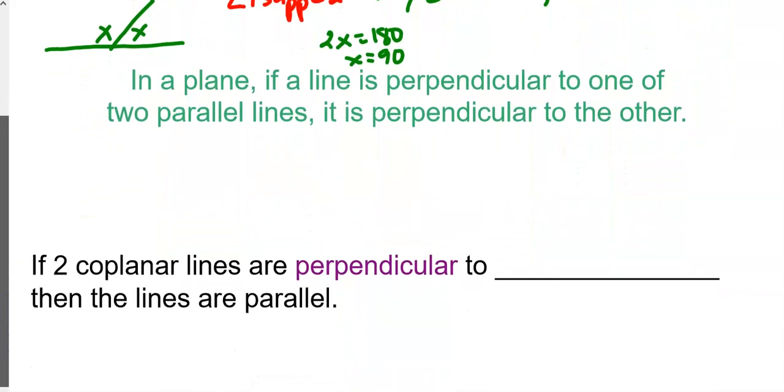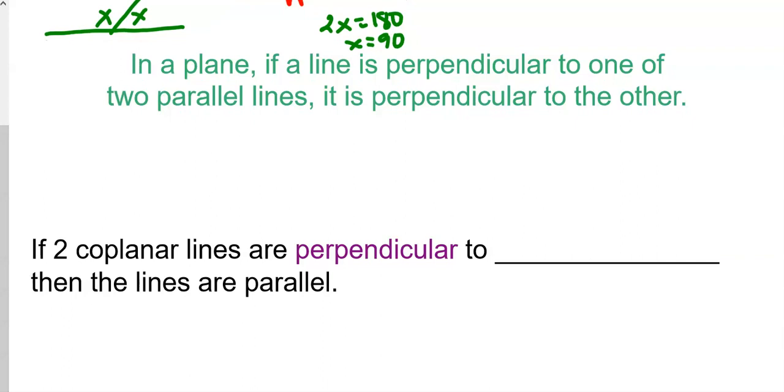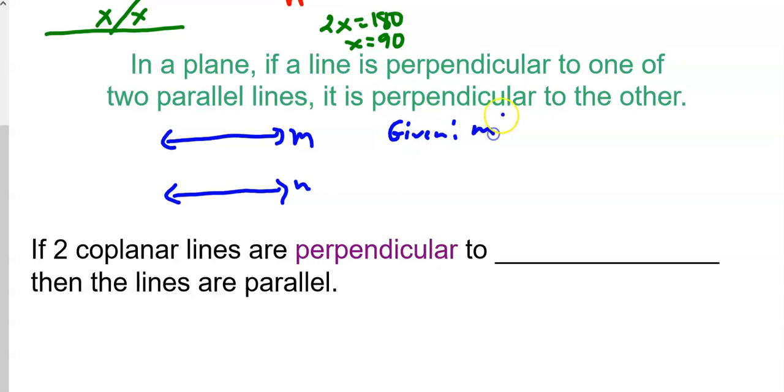In a plane, if a line is perpendicular to one of two parallel lines, then it's perpendicular to the other. So again, we have two parallel lines here, so we'll simply say M and N are parallel. So we're kind of given that. M is parallel to N, and then another line is perpendicular to one of them.